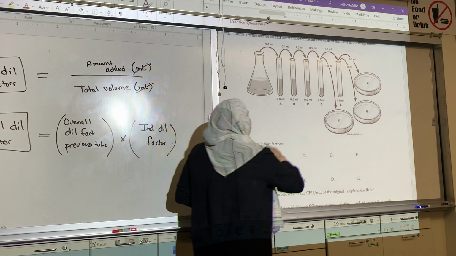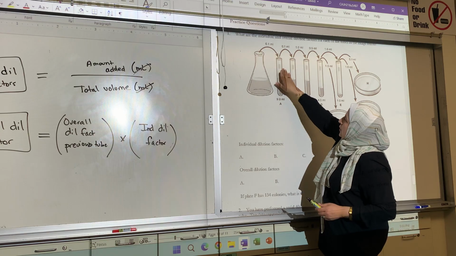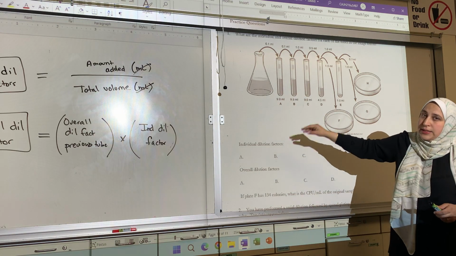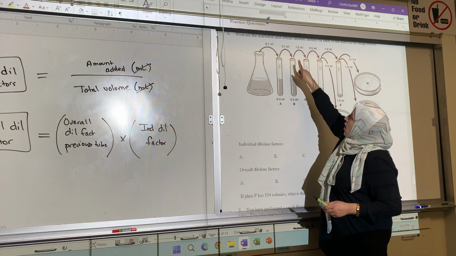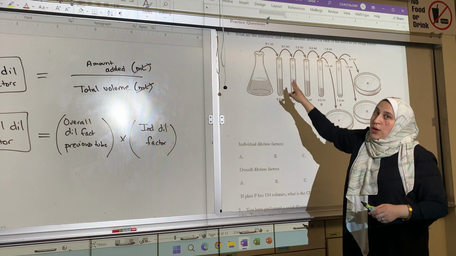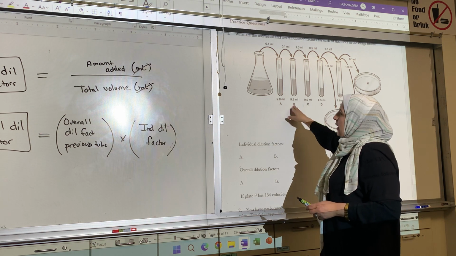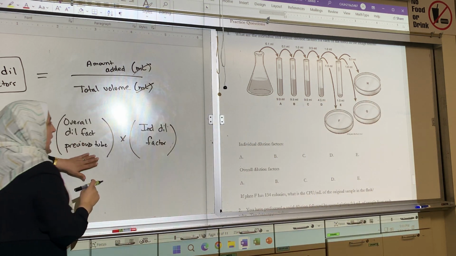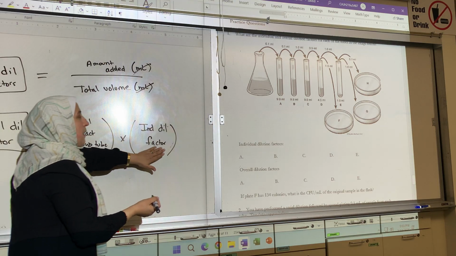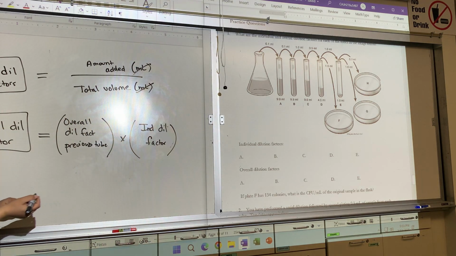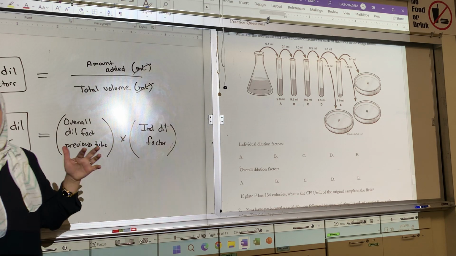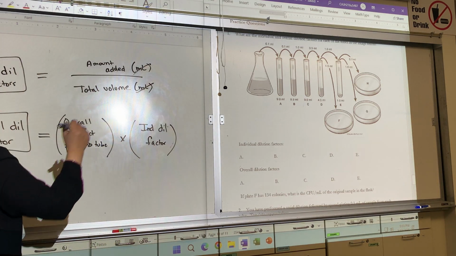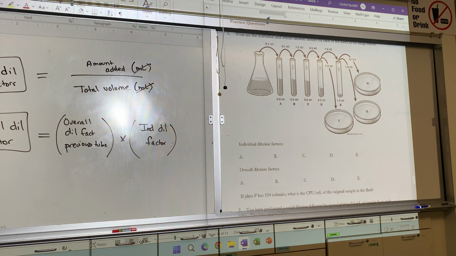Okay? So if we're looking at B, our overall dilution factor from A we said was 1 over 100. And then we put 0.1 over 10, again 1 over 100, in B. So we multiply the overall dilution factor from A by the individual dilution factor from B, and that gives us 1 over 10,000. And you'll see that in a second when I go through all those numbers, or 10 to the negative 4.